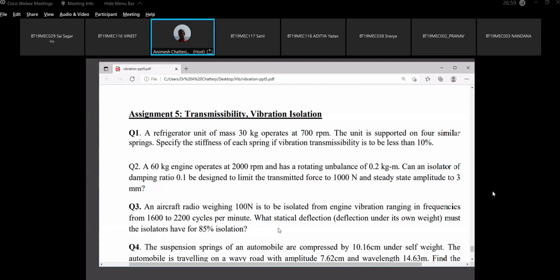If you know K, then you can find out the static deflection. Static deflection is weight divided by isolator stiffness. Weight is 100 Newton, so 100 by K. Indirectly you have to find out K. So tell me how you should start.